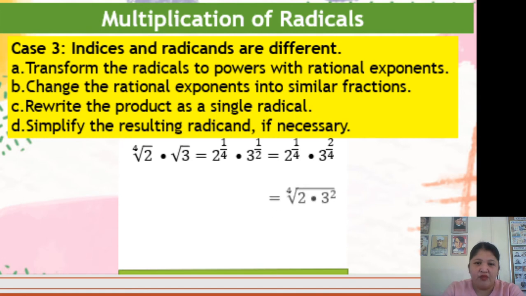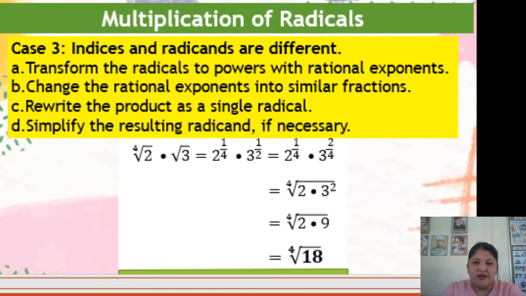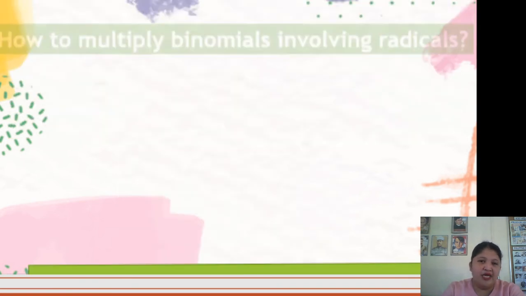Next, we have now the fourth root of 2 times 3 squared. And then the fourth root of 2 times 9. Then the fourth root of 18. So that is the 3 cases of the multiplication.